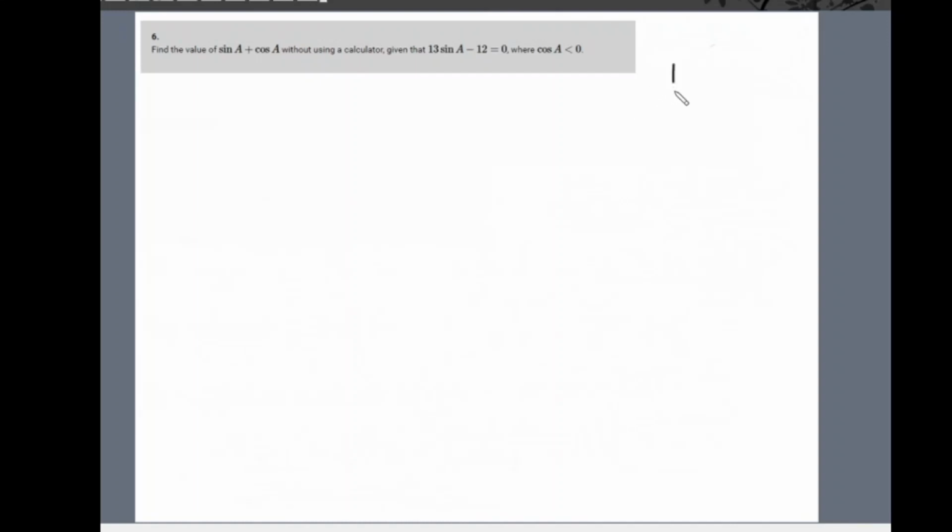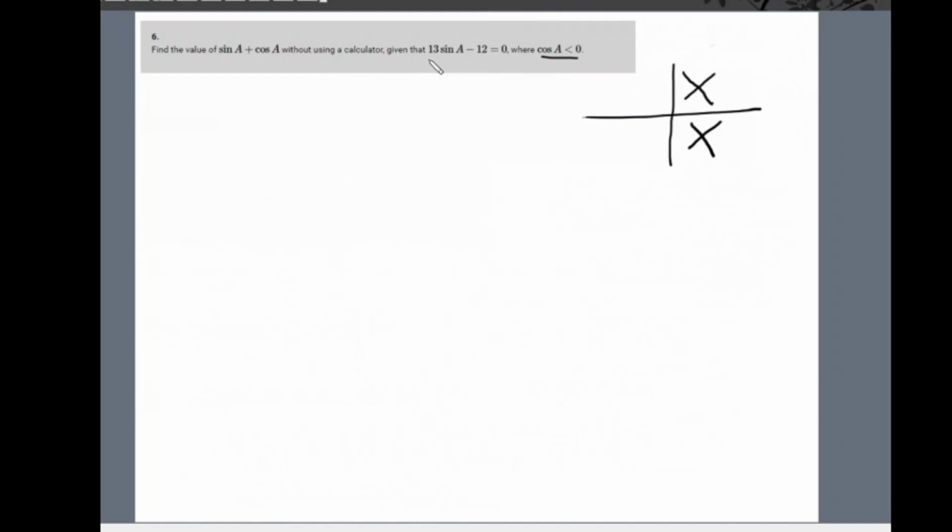So again, we have our Cartesian plane. In the first quadrant, all the ratios are positive, but because cos A is negative, it means we are not in the first quadrant. Also, we are not in the fourth quadrant, because in these two quadrants cos is positive. So now we have to see, between the second and the third quadrant, which quadrant we are in.